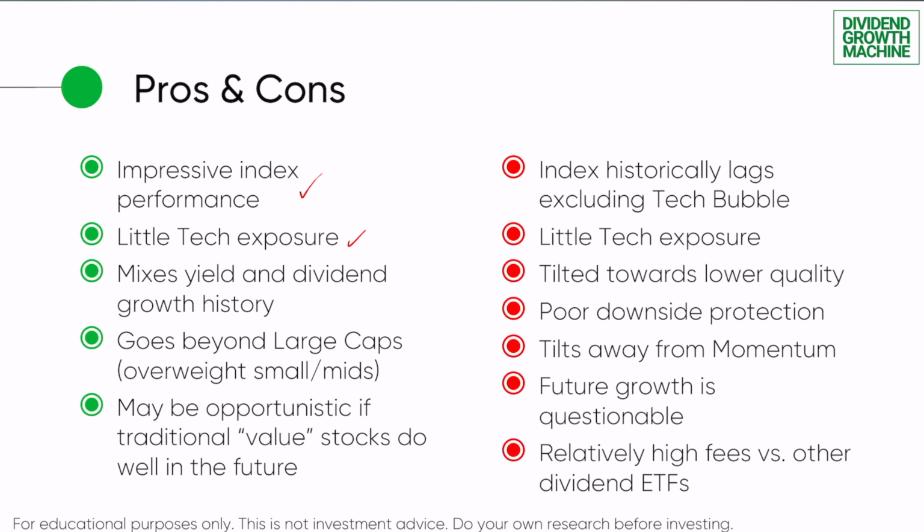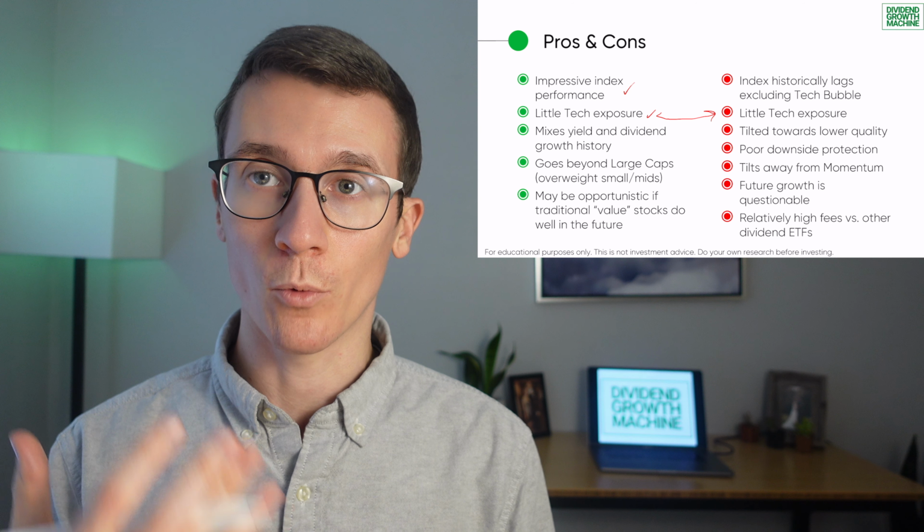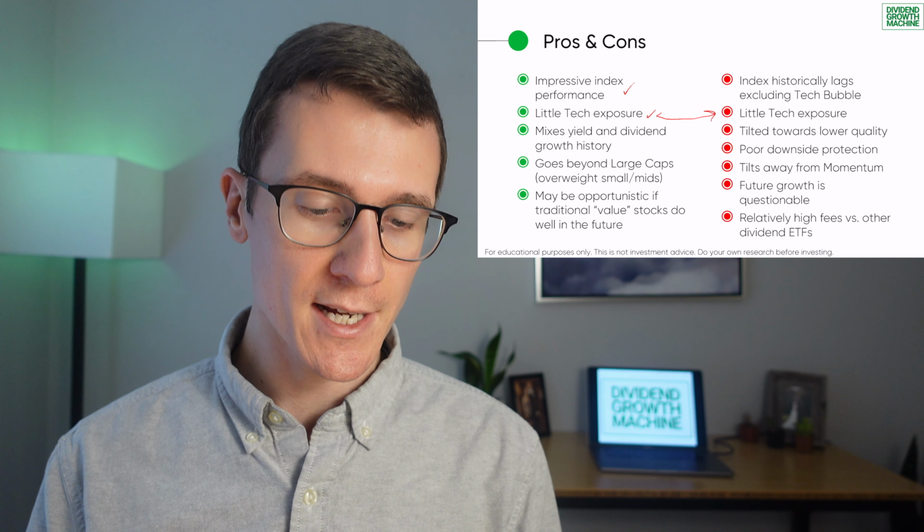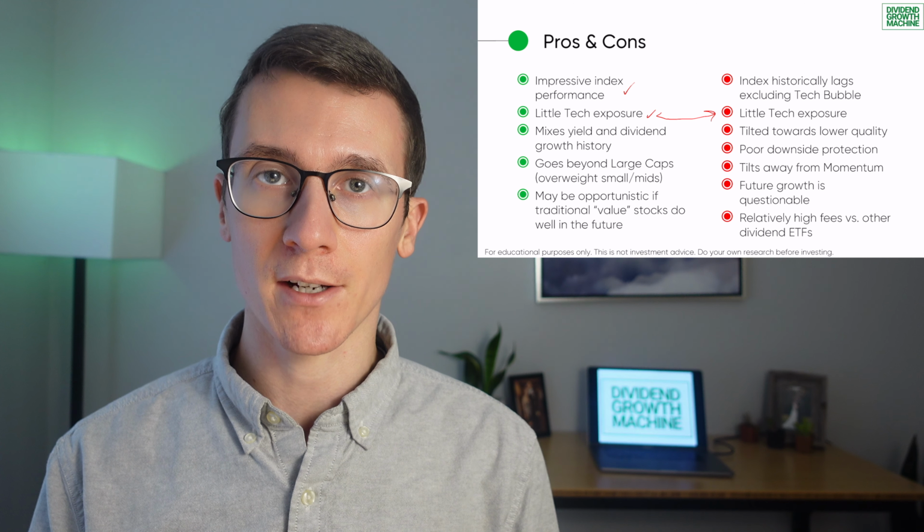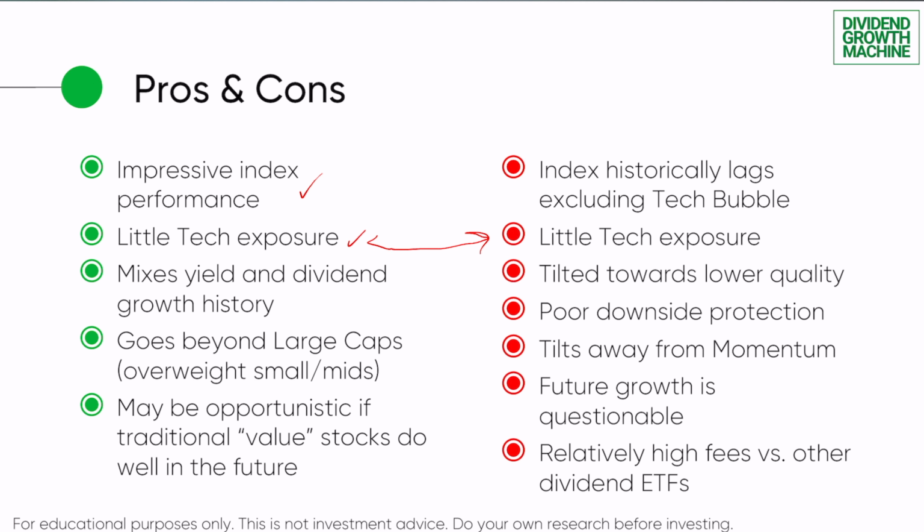It does have little tech exposure, which I've listed as both a pro and a con. So depending on what you think the future of the tech industry is, that could be a good thing or a bad thing. If you want to reduce exposure to tech, this could be something you would take a look at. If you really like technology, then this is obviously not the fund for you.